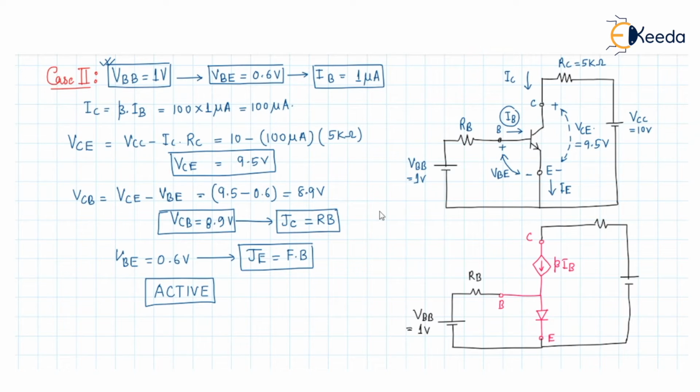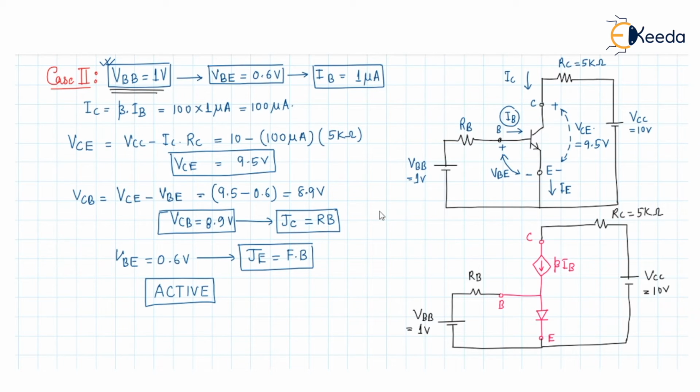So there will be a VCC connection, VCC 10 volt, RC value was 5. This is the equivalent circuit of the transistor when we have given a voltage VBB as 1 volt.